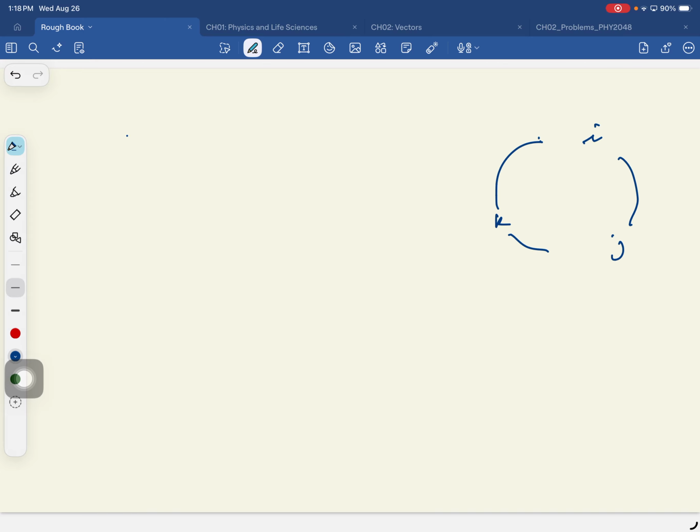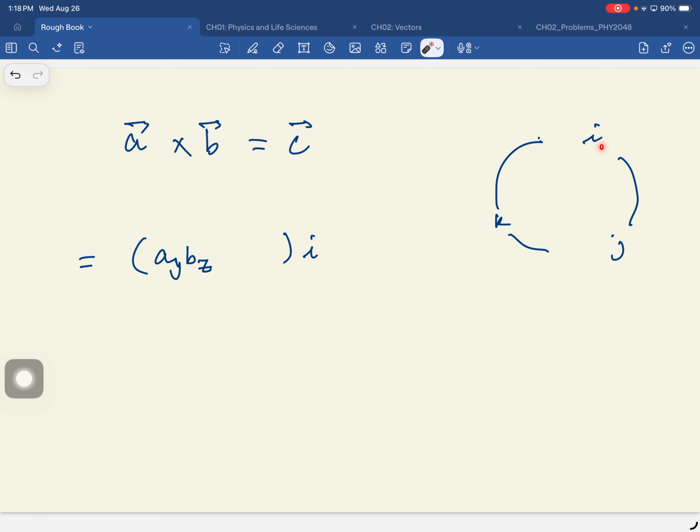So A cross B: the x component of C is AY BZ, the x component is AY BZ minus the opposite, AZ BY.